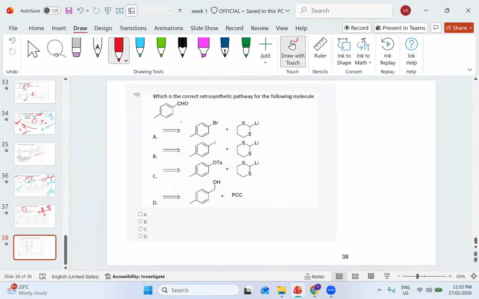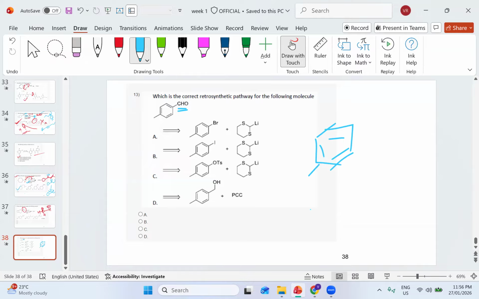Okay, so in this question, which is the correct retrosynthetic pathway for the following molecule? This is the molecule we have, right? And how will the retrosynthetic pathway be for this one? This is basically CHO, the formyl group, right? So if we do the disconnection, what do we get?